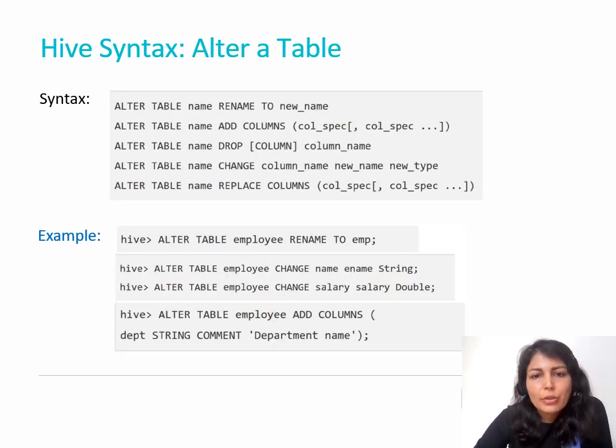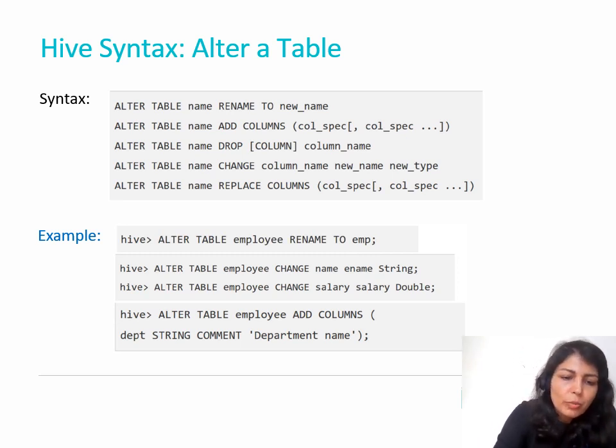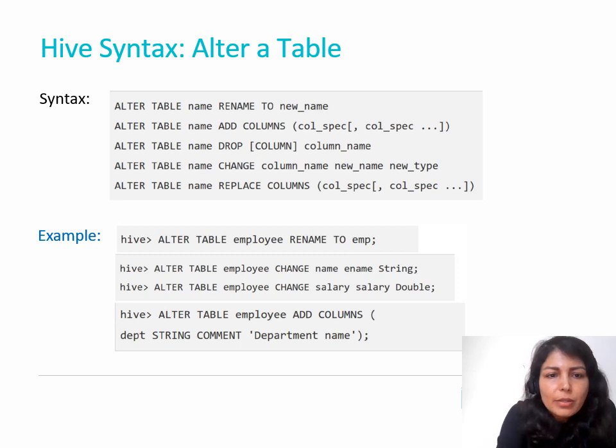How to alter your table or change the structure of your table. You may want to change the name of your table. So you write alter table, they are keywords, and this is the name of your table. And then you have to write rename. This is another keyword, rename to, and the new name.